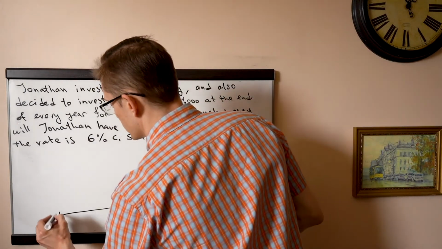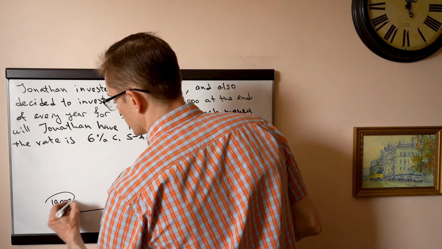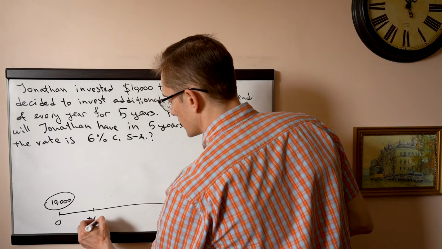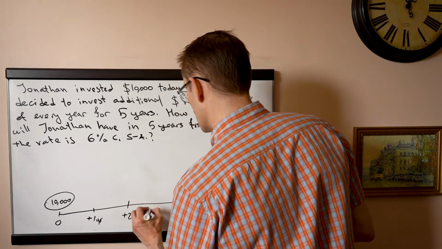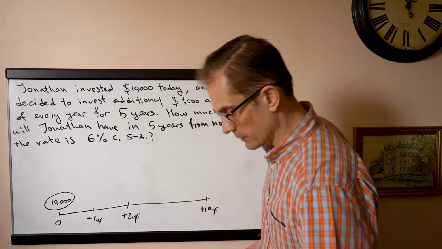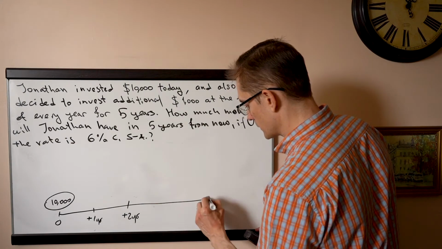So today is time 0. Jonathan invests $10,000 today. On top of that, at the end of each year, plus 5 years, I'm sorry, so plus 5 years.